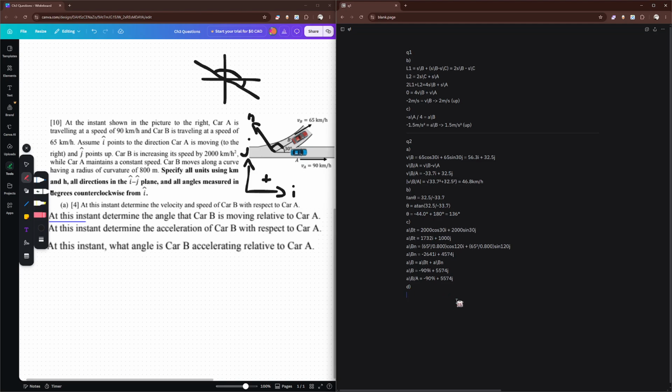We want the angle, so we're just going to go back to our tan theta thing. Tan theta is equal to, again, opposite over adjacent. So 5574 over negative 909. So theta equals arctan of this, which is equal to negative 80.7 degrees.